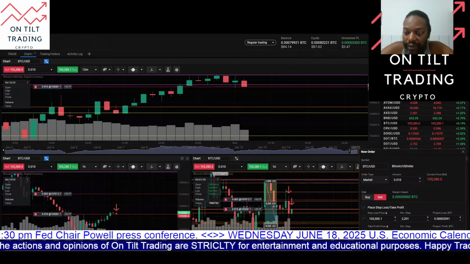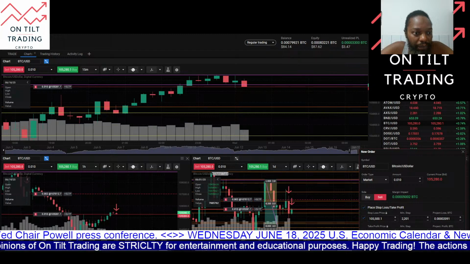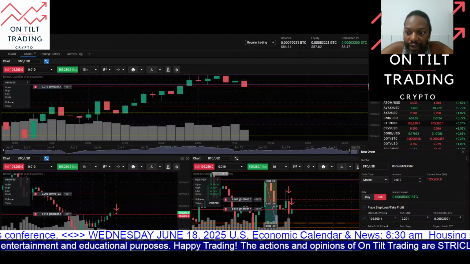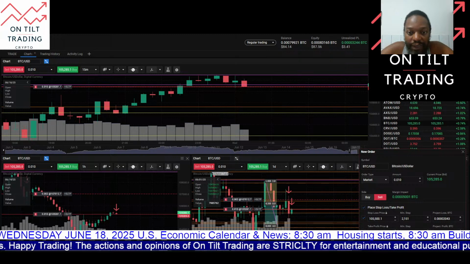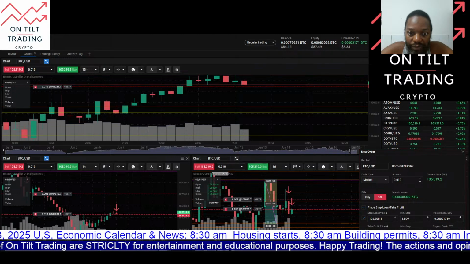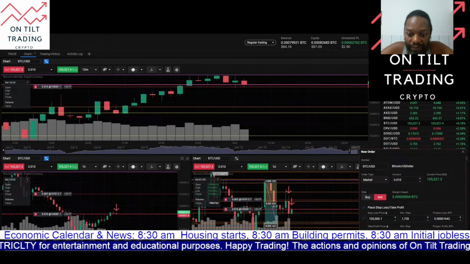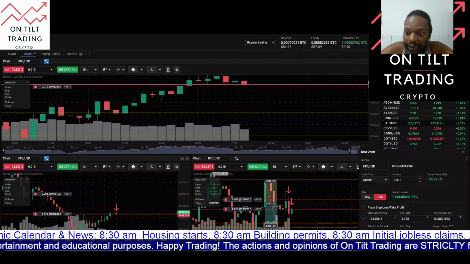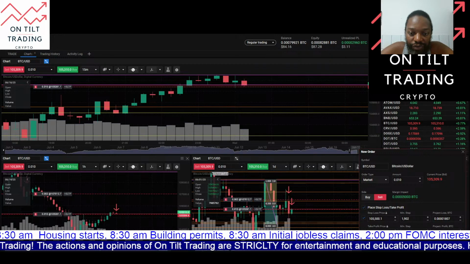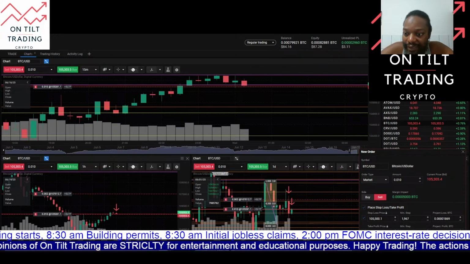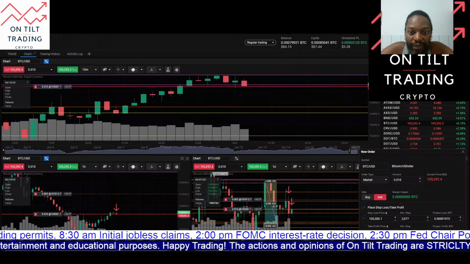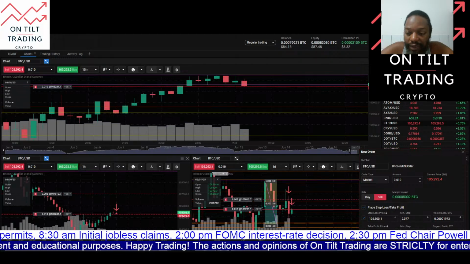Ideally, I would have been more patient when taking an additional position for the short-term trade that I'm taking here off the daily. Waiting until they confirmed market structure shift would have been more ideal, since I do have some other factors that have to come into play before I can take an intraday position.